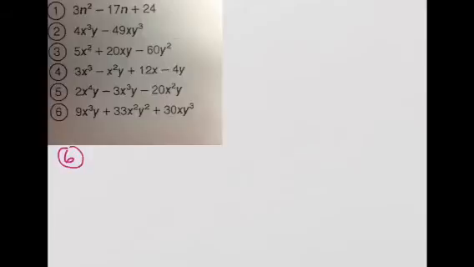So number 6, the greatest common factor for this problem is 3xy, so I'm going to factor 3xy out of each term. That gives you 3x squared plus 11xy plus 10y squared.